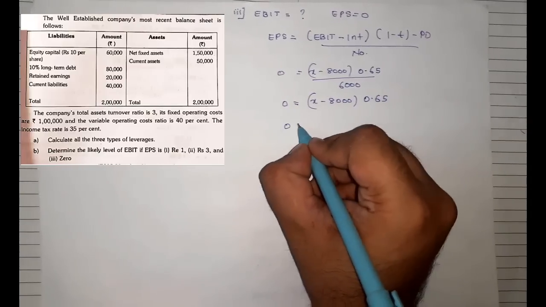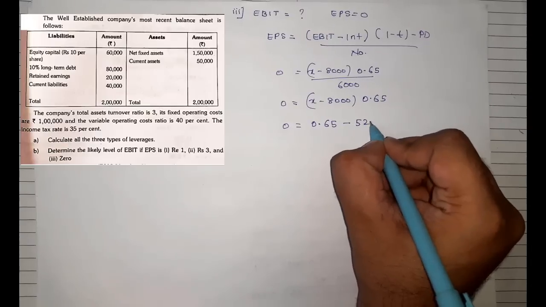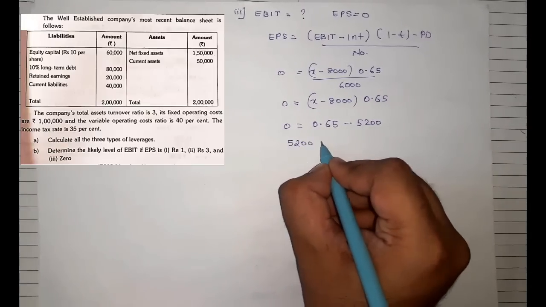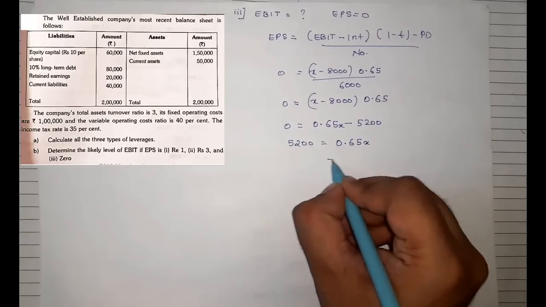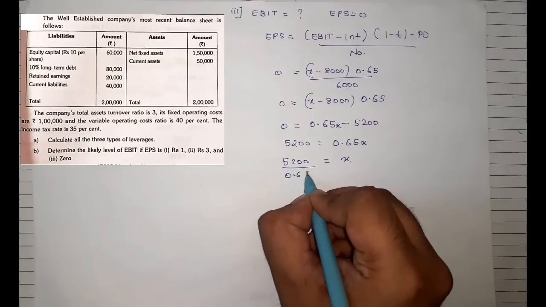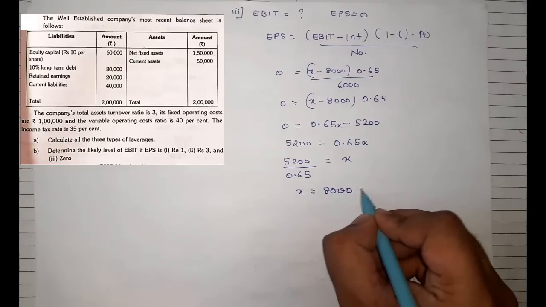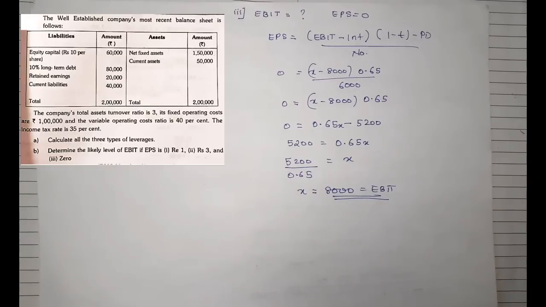When you multiply, you get 0 is equal to 0.65x minus 5,200. This is minus, when it goes to the other side it will become positive. 5,200 is equal to 0.65x. Therefore x is equal to 5,200 upon 0.65. Therefore the value of x we will get is 8,000, that is nothing but my EBIT in the third case.